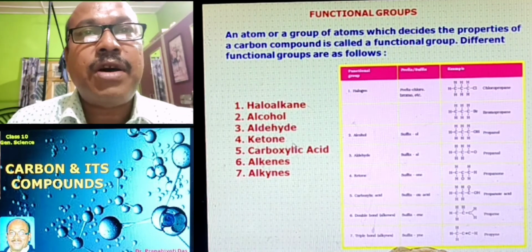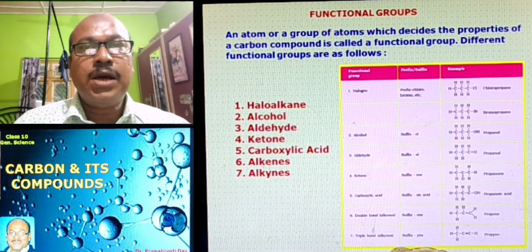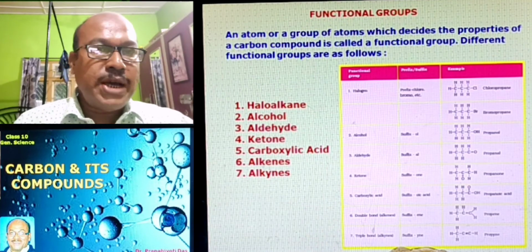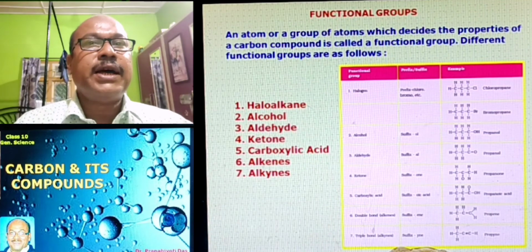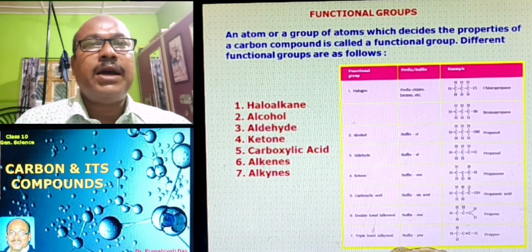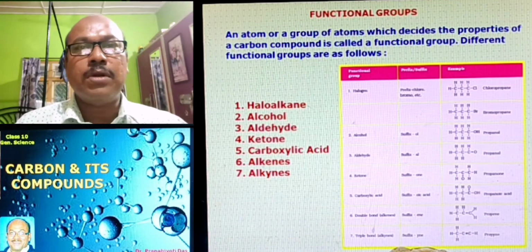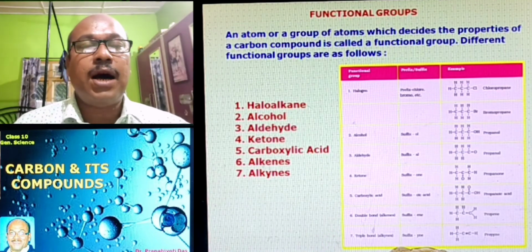Carboxylic acid is another functional group, and it is denoted with a single dash COOH, carboxylic acid. To any hydrocarbon chain, if a carboxylic acid is added, then the entire property of the hydrocarbon will change and it will become an acidic hydrocarbon. So under that condition, we will try to understand how they are named.